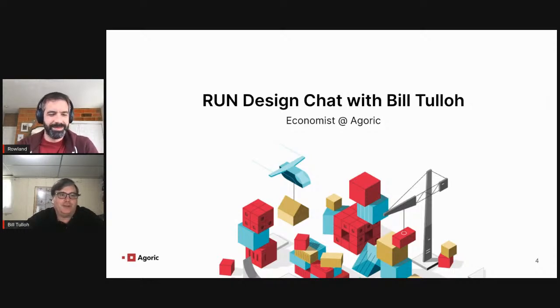So one of the possibilities that we're exploring now is actually the ability to borrow Run against some of your staked capital in the core protocol, which I think is very exciting and novel for what we're doing.